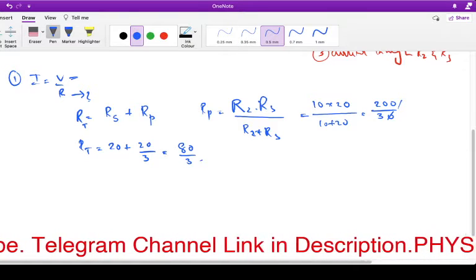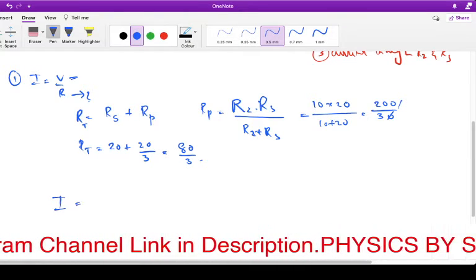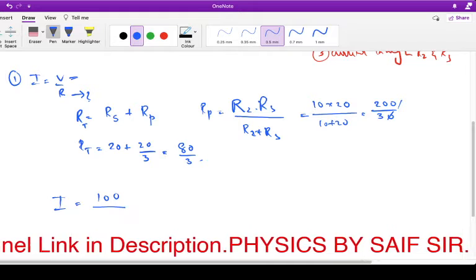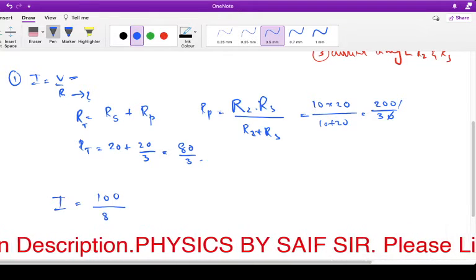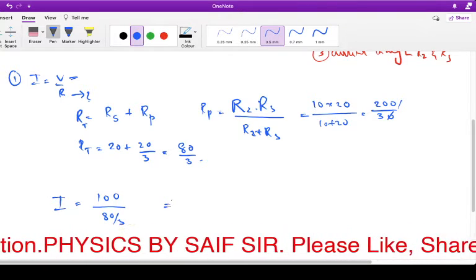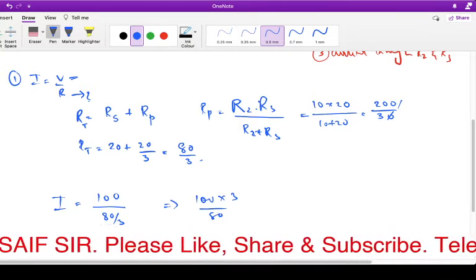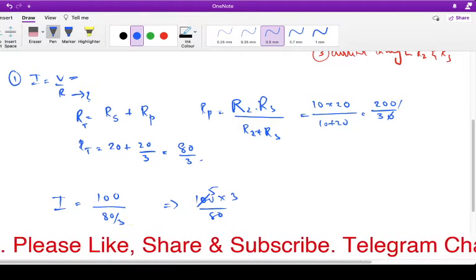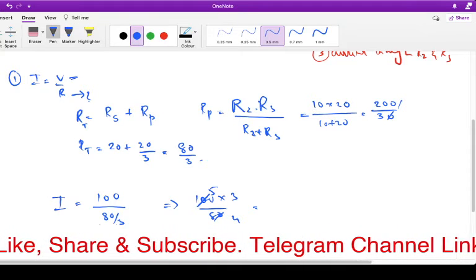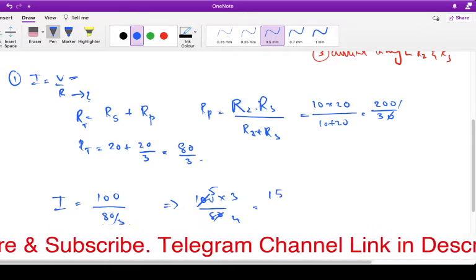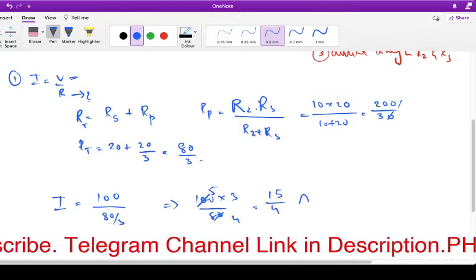Now current I is equal to the voltage 100 divided by RT, which is 80 by 3, which gives 100 into 3 by 80, which is 15 by 4 ampere.